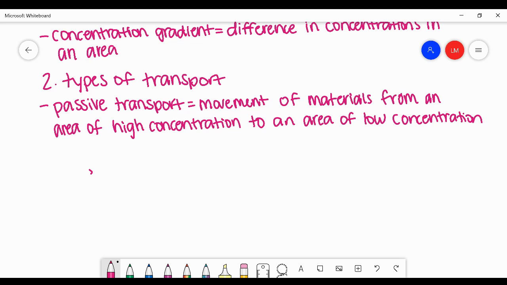The second type of transport is called active transport.